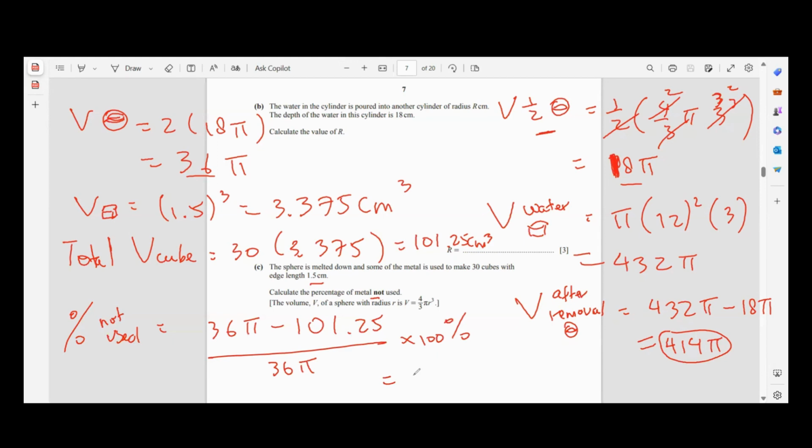So I got about 0.5%. Okay, that is for C.